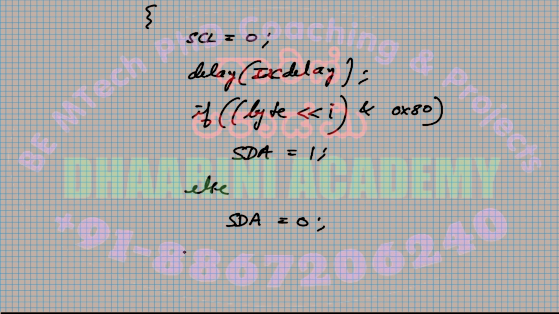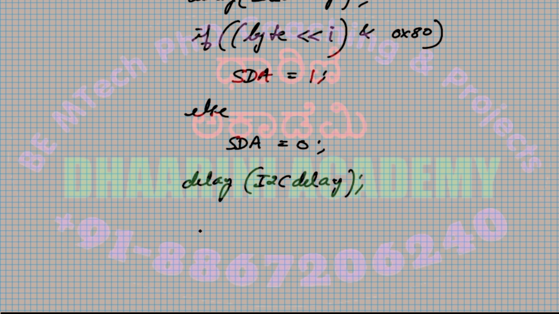As soon as a bit passes, I have to call a delay. Delay of again the same number, I2C delay. Whatever is the delay amount you want, you do this. Immediately after this, make the SCL, the clock, high, and call the delay.